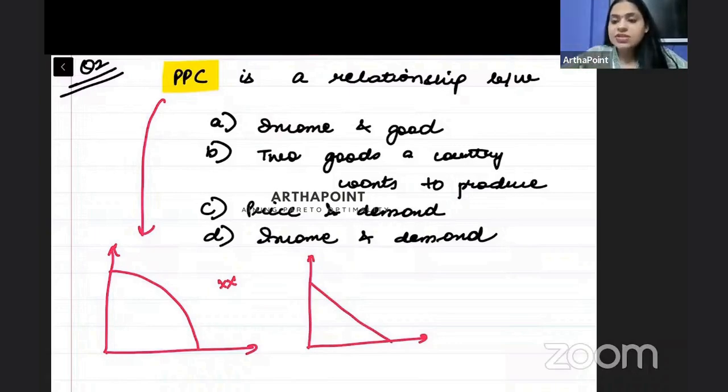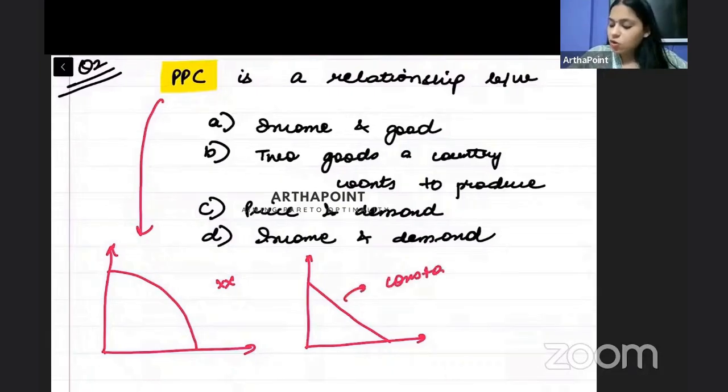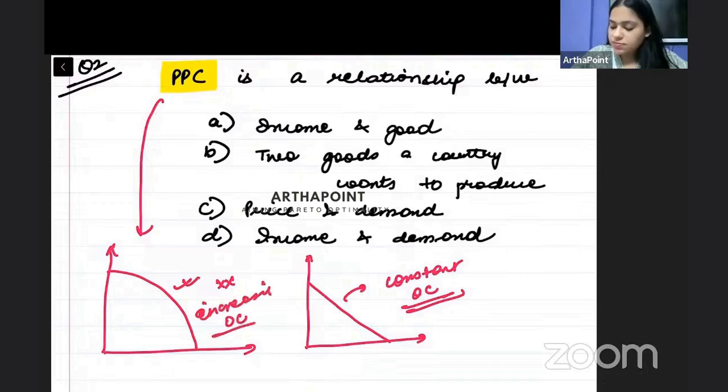So sometimes they ask you, can PPC be a straight line, straight downward sloping line? Yes, it can be a straight downward sloping line also. और यहाँ पर we have the concept of constant opportunity cost. जबकि यहाँ पर we have the concept of increasing opportunity cost. और जो PPC का slope होता है, the slope of production possibility curve, that is actually opportunity cost.